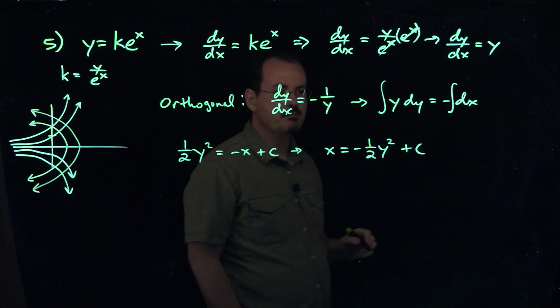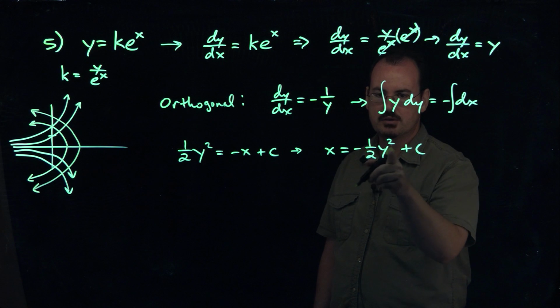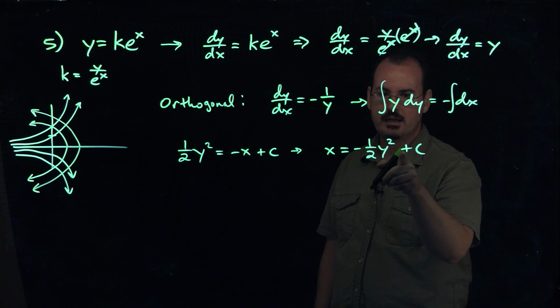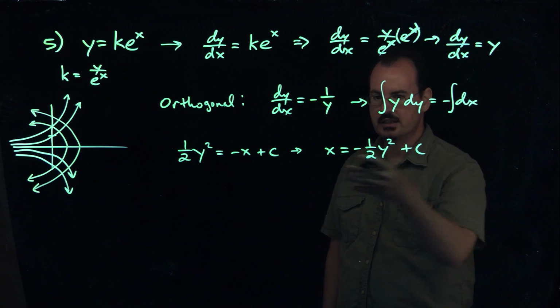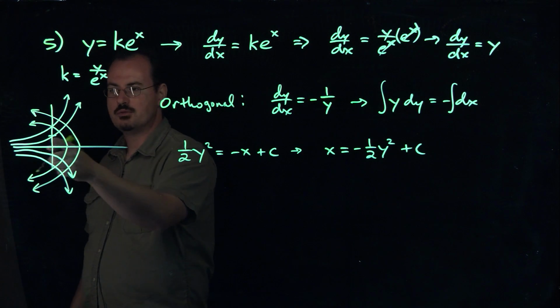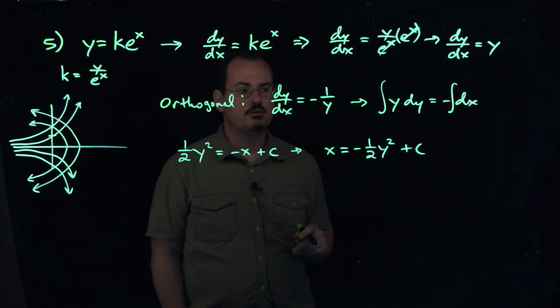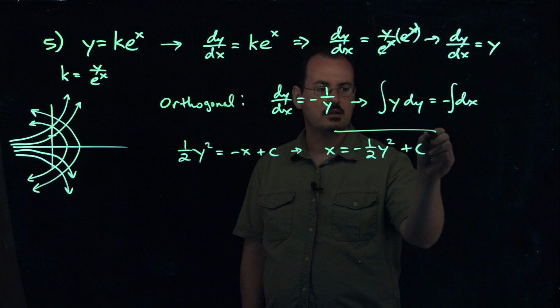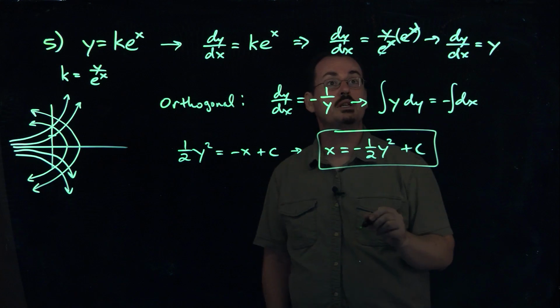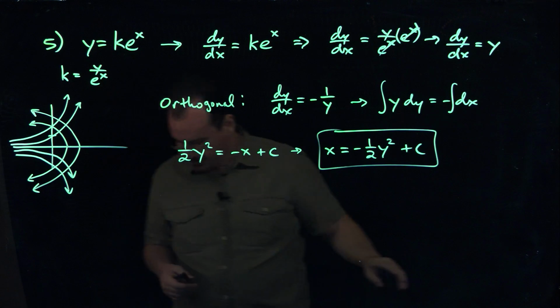Okay, so the plus c here, that means since we're talking about an x equals some function in terms of y, the plus c is actually going to be shifting it to the right or to the left. That's why if I want to draw another one, I just move the vertex to either the right or the left. Okay, so we found our family of orthogonal functions that would be orthogonal to that thing.